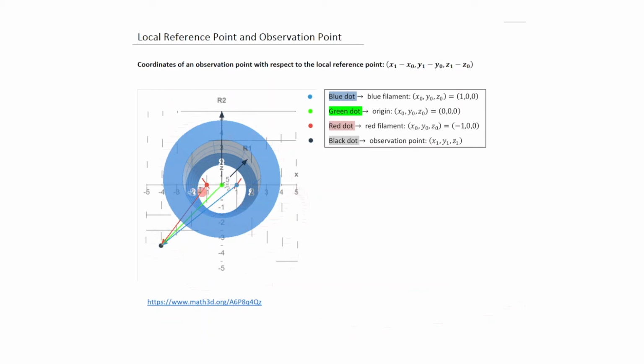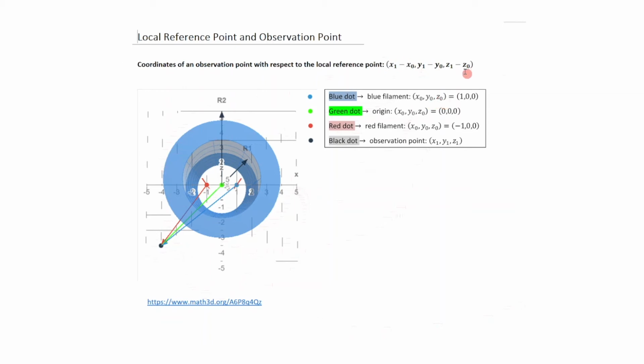So there are three different paths that we're looking at depending on which one of the objects we're concerned about. The coordinates of an observation point with respect to the local reference point, the local reference point being this or this or this, is just the difference between the positions of the two. So for instance, the coordinates of the observation point will be x1, y1, z1, which is shown here. And the coordinates of the local reference point, so you have three possible reference points, are just x0, y0, z0.